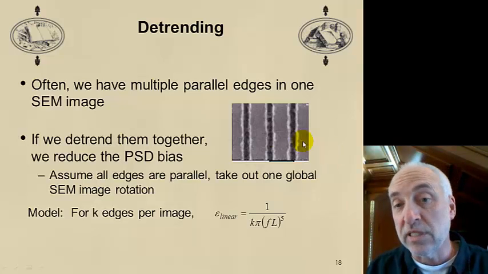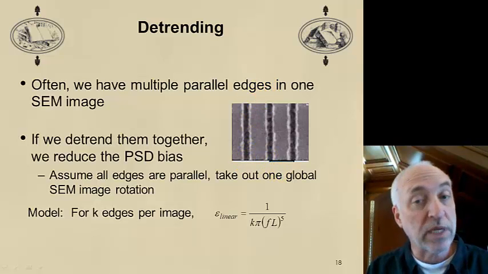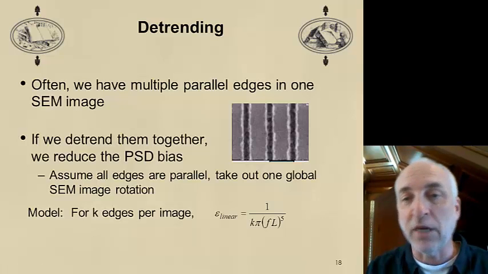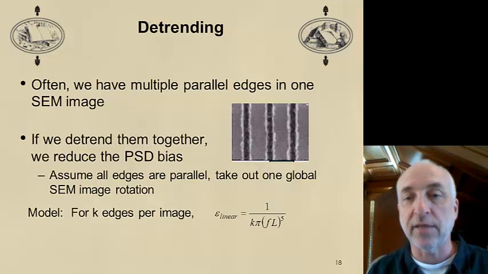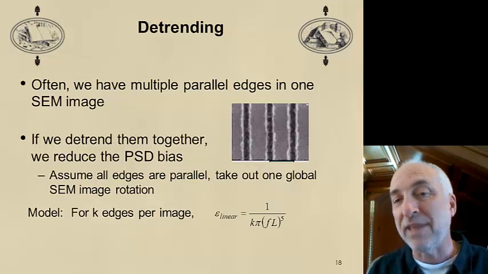But I'm losing something, some important information, if I fit a straight line to each of these edges individually. Why? Because when I built the mask and printed this, I know ahead of time that all these lines are parallel. I built parallel lines on my mask, and so when they print, they should be parallel. When I detrend, I could detrend them all together.